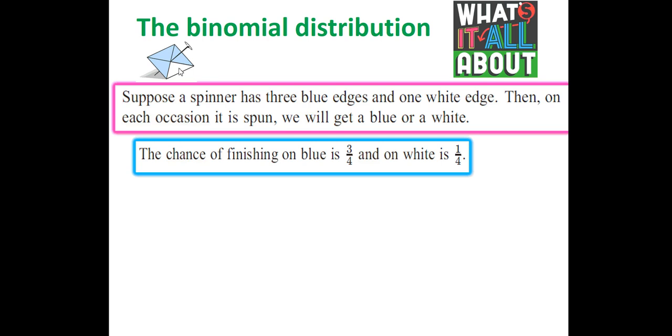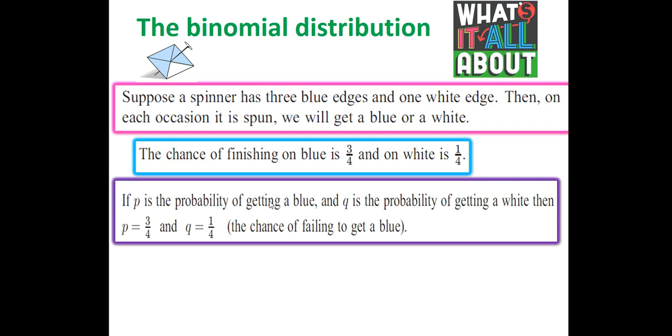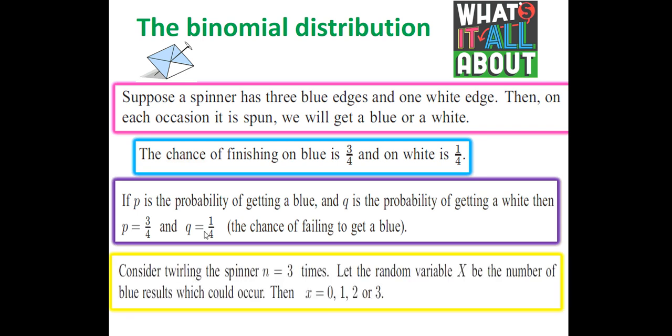So the probability of a white is 1/4. If P is the probability of getting a blue, then P equals 3/4, and Q, the failure to get blue, is 1/4. It makes sense because P plus Q equals 1.